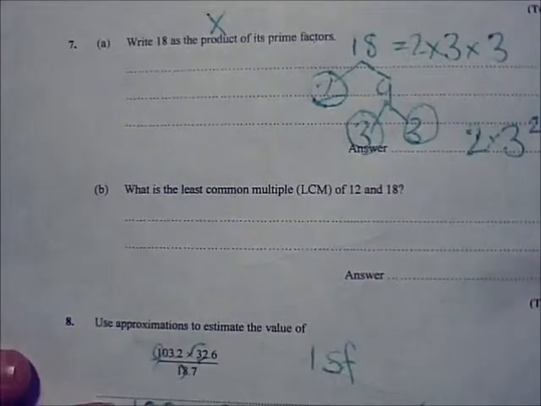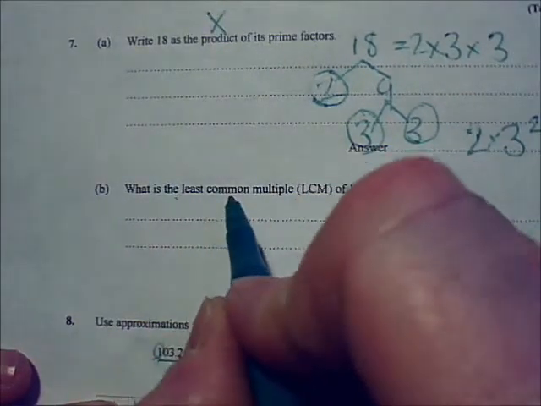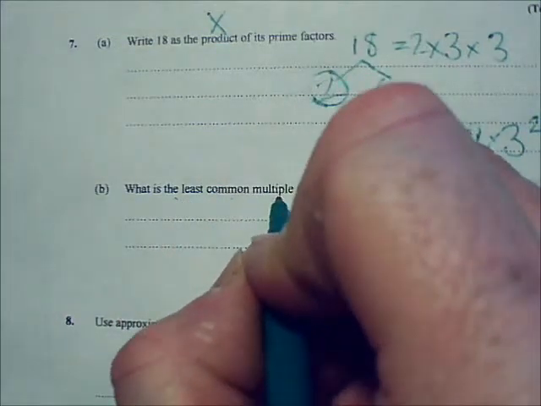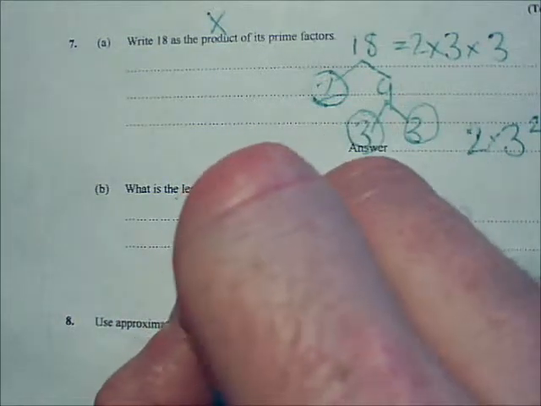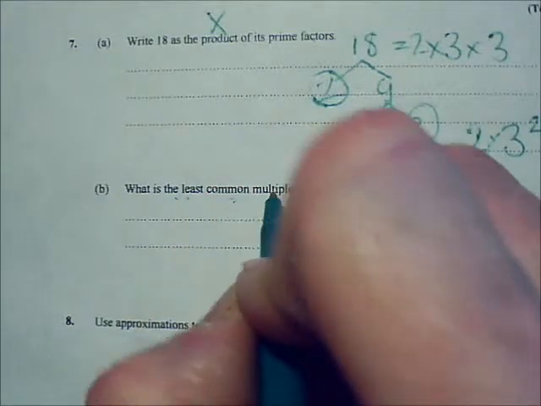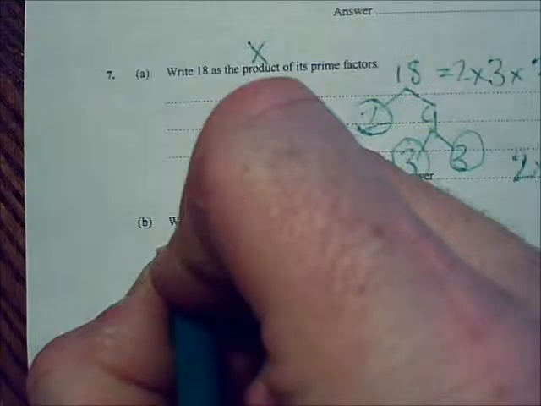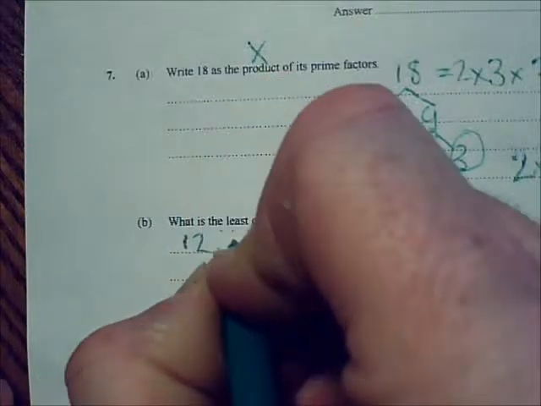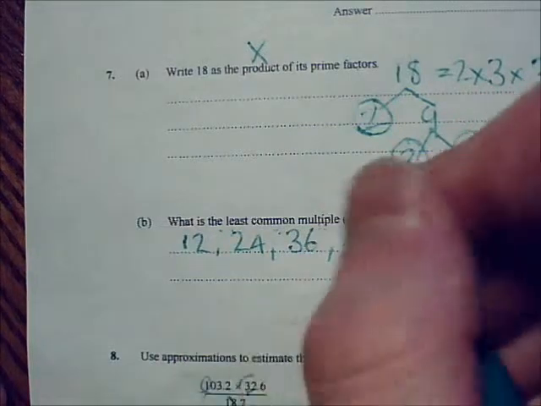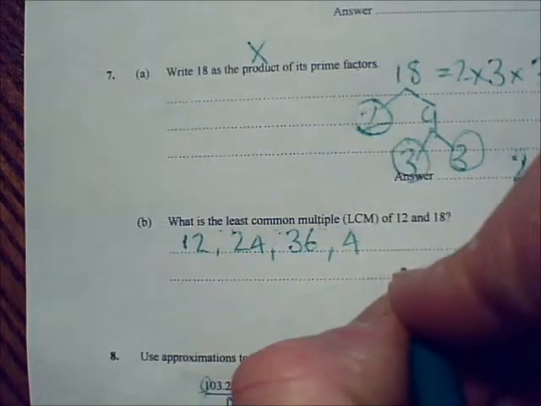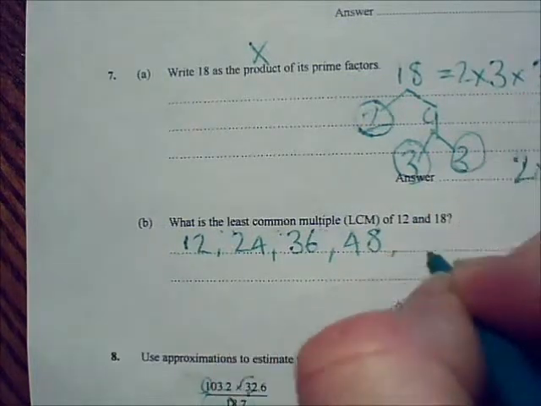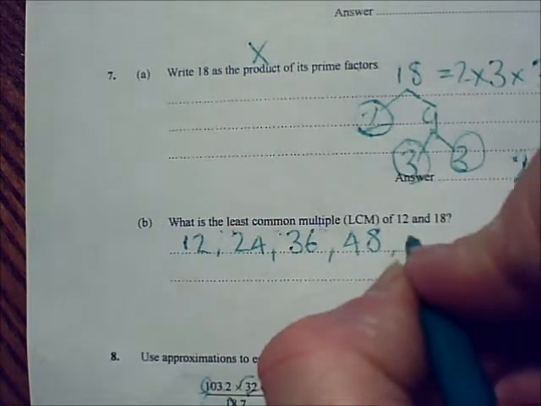Second part of this question asks us to find the least common multiple. That's the lowest multiple of both numbers. So least common multiple. Remind ourselves what multiple means. It's the times table. 12, 2 12s are 24, 3 12s are 36, 4 12s are 48, 5 12s are 60.